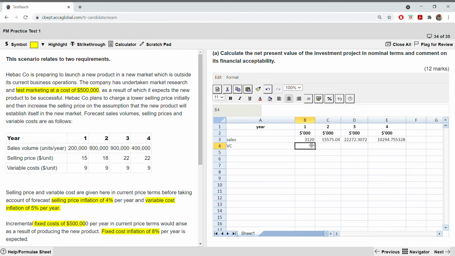Okay, so this quickly we can do. Variable cost 9 multiply by 200 multiply by 1.05. Okay, second year equal to variable cost is 9 only. Okay, 9 into 800 into 1.05 to the power 2.